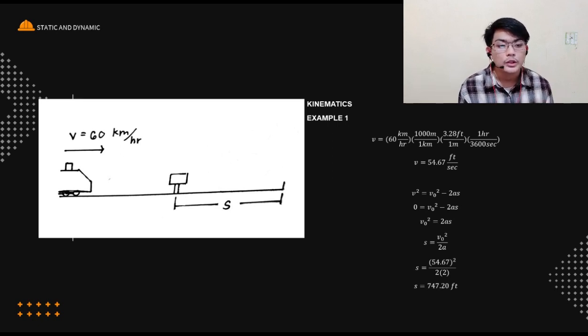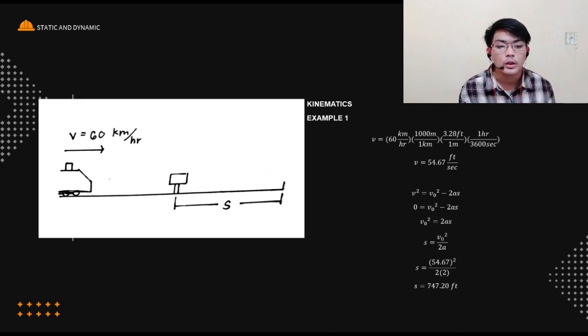Now, we transpose our negative 2 acceleration and distance to the left side to turn it positive, leading us to our equation initial velocity squared equals to 2 acceleration and then distance. But since we are just looking for our distance, we divide both sides by 2 acceleration, leading us to s equal to initial velocity squared over 2 acceleration.